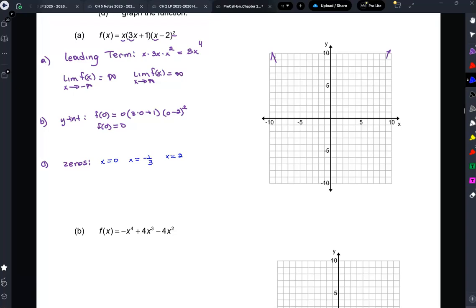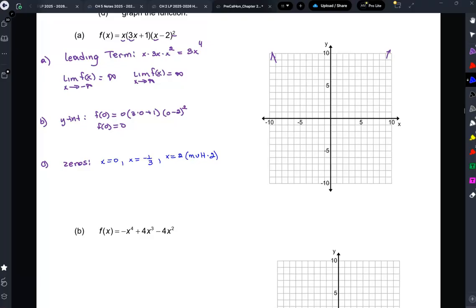But how many of those x equals 2's do you have? 2. So here I write multiplicity of 2. Okay, multiplicity. Now listen. Only if it's multiplicity of 1 are you allowed to not write it. It'll be understood that it's 1. Any other time you have to write it.